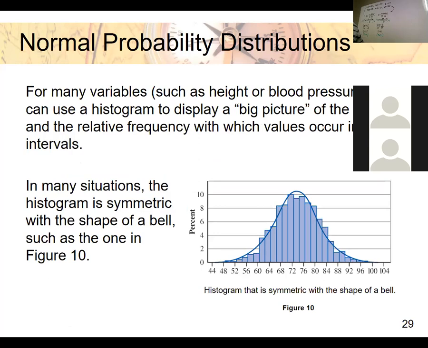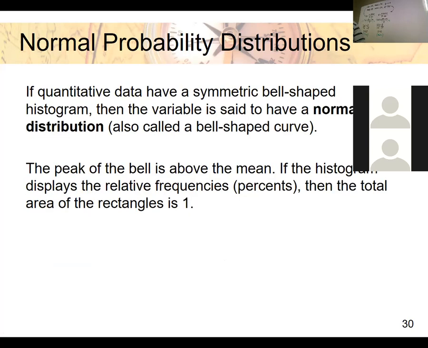So in other words, the area below this curve has to be equal to 1. That's always the case for any normal curve. It has to account for all the data. All right. Any other questions?